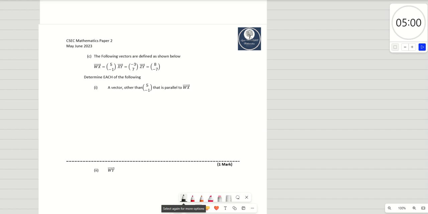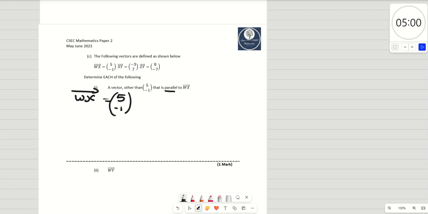When they say it is parallel to, it just means that they want a vector that is a scale factor of this. Right? What I mean by that is you could pick any number and multiply it. So vector WX is 5, minus 1.